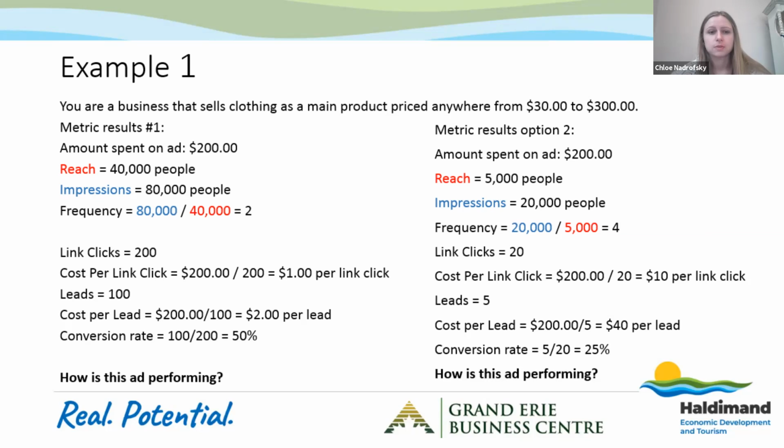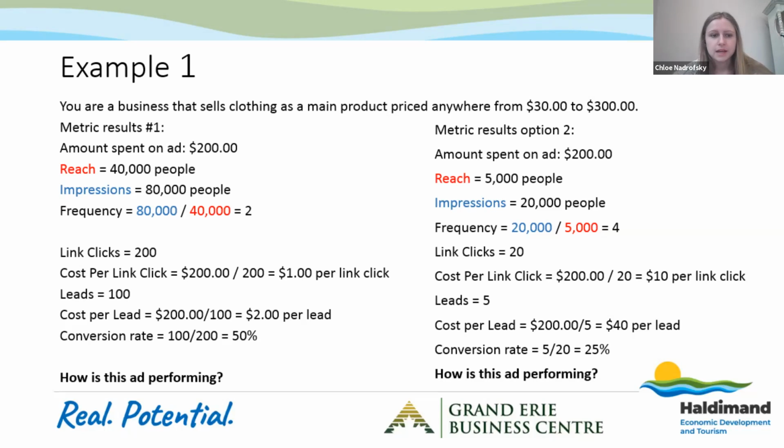Like mentioned before, 1 to 2 times is a great exposure number. Link clicks is 200, so cost per link click is the $200 spent divided by 200 link clicks, which is $1 per link click. Again, that falls within a good range.